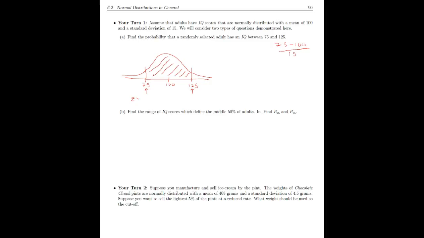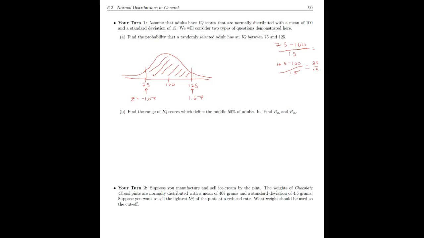And that's going to be negative 25 divided by 15, which would be negative 1.67. Okay, and then for a z-score of 125, we would do 125 minus 100 over 15. That would be 25 over 15 again, which would be positive 1.67.